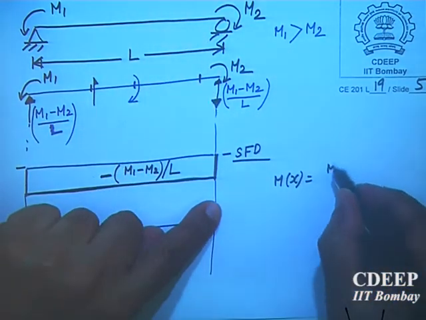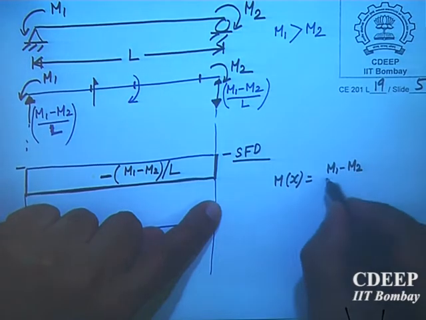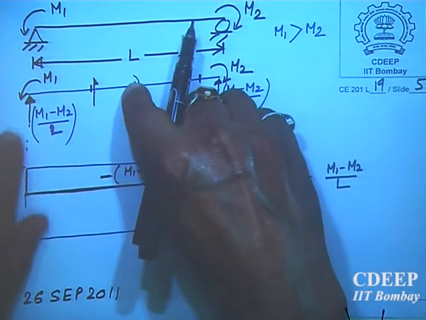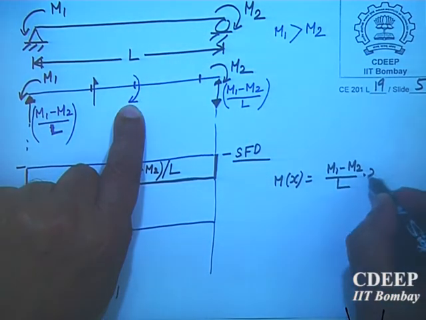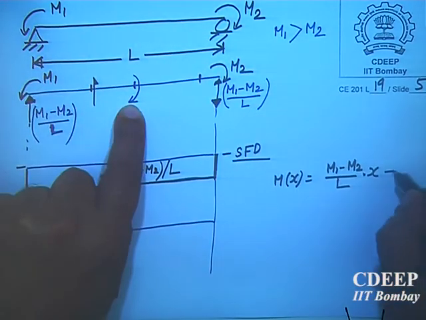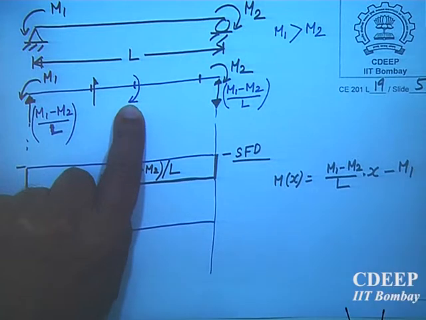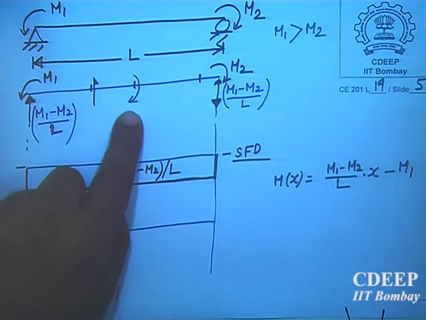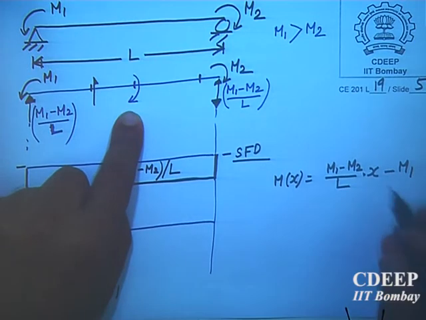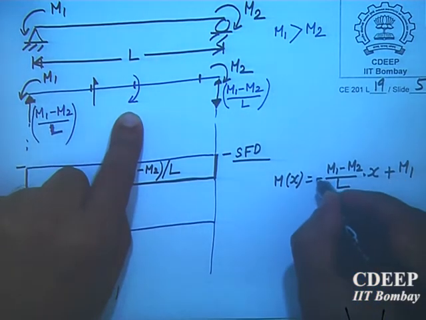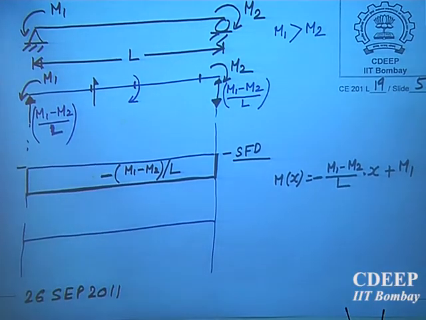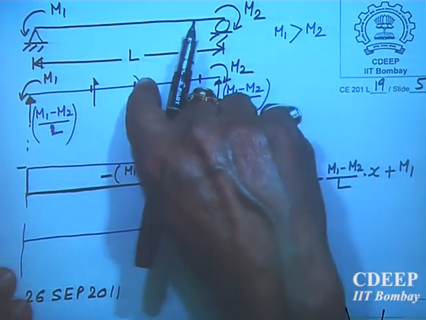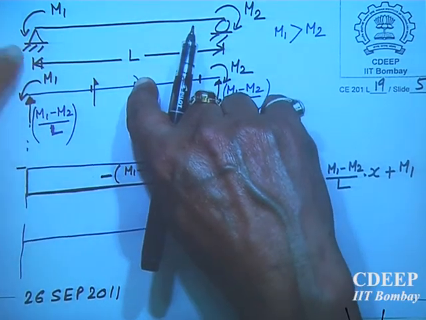So it will be (M1 minus M2) by L into x minus M. This is plus and this is minus, because this is positive.